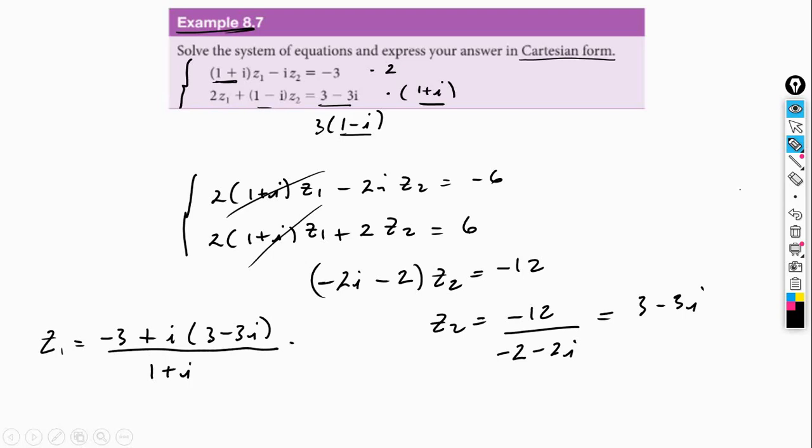And from this in the end, we're going to get 3/2 plus 3/2 i. So this would be the solution to the system of equations.